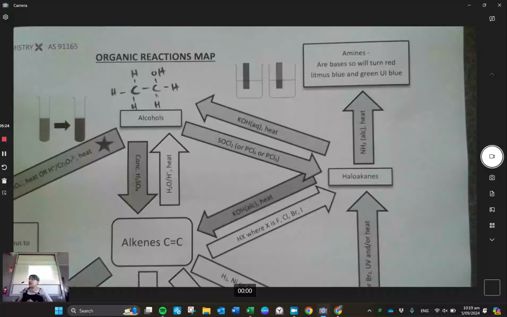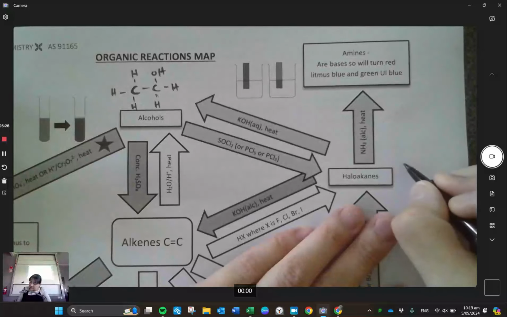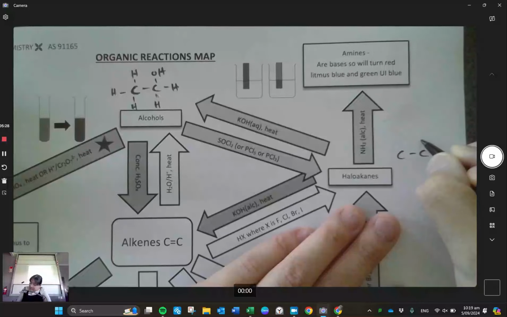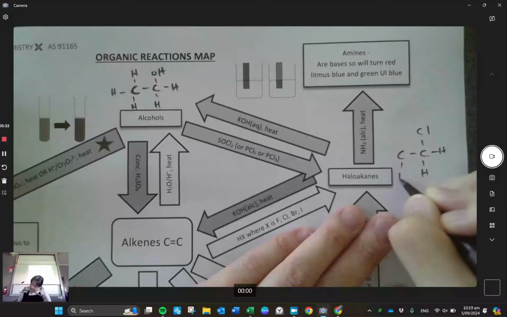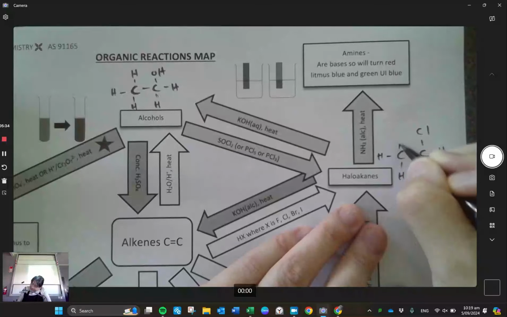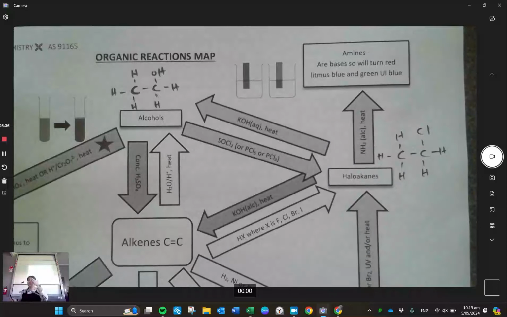A haloalkane is when you have some sort of halogen, say for example chlorine. Chlorine just seems to be my favorite one for some reason. Are we okay with that so far? A substitution reaction is taking one functional group and substituting it for another, so just swapping it out. You might have heard the term in a lot.